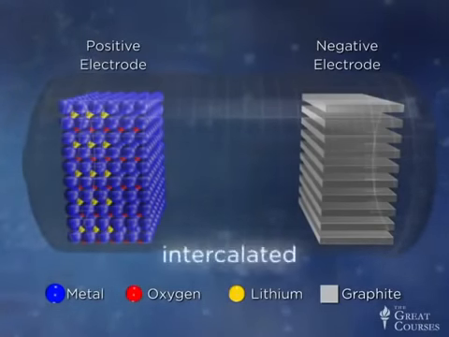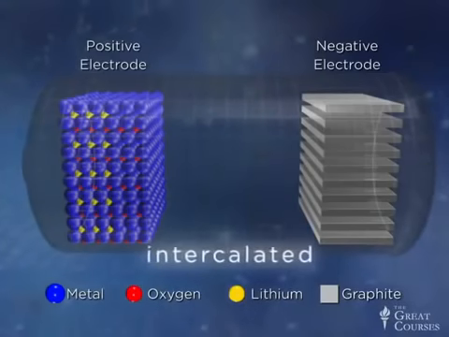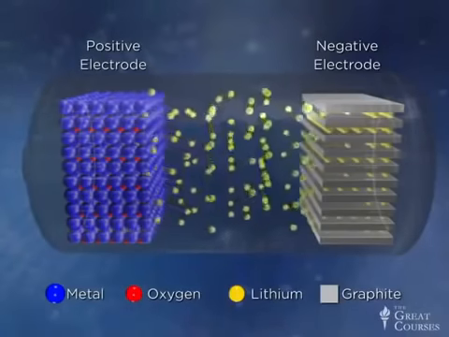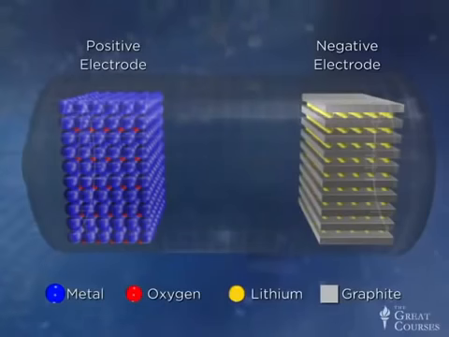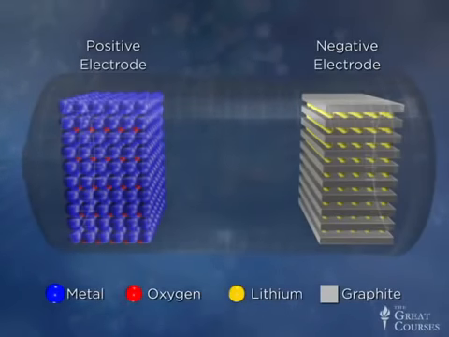We use the word intercalated to mean this ion is interpenetrated into this electrode. And graphite is an example of a typical electrode that's traditionally been used to store this energy. The form of playing back that energy and turning it into current involves the ionic flow through what's called an electrolyte of these ions towards the opposite electrode.